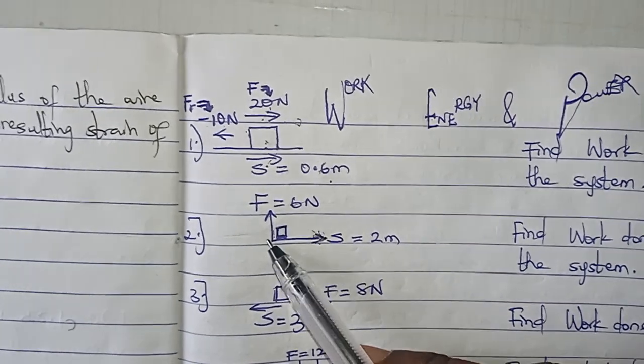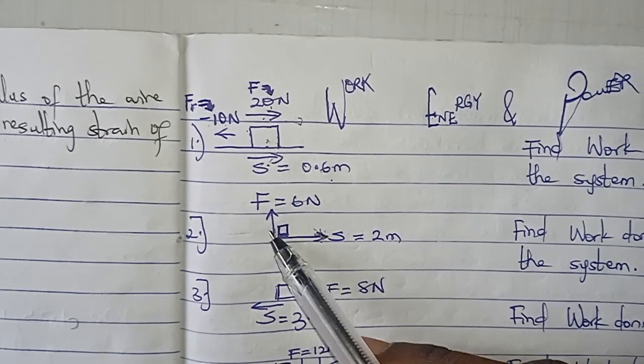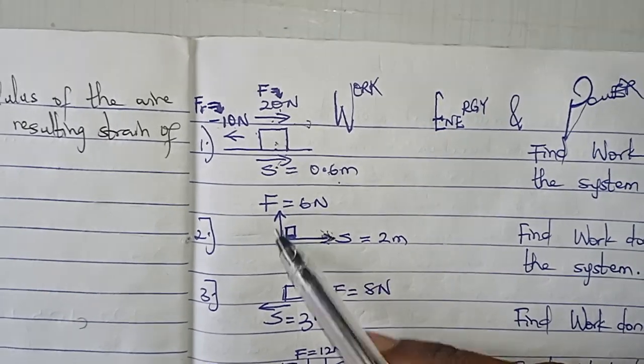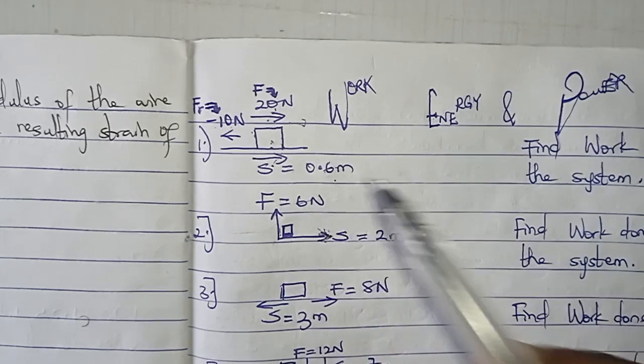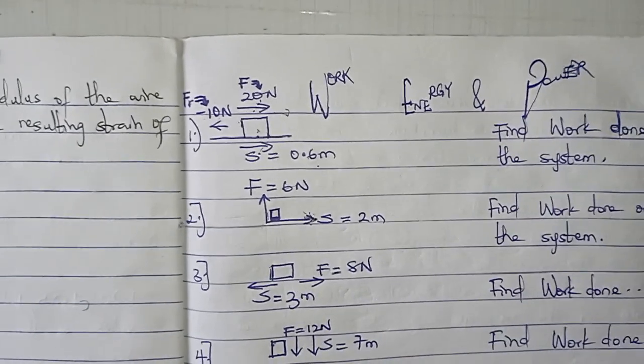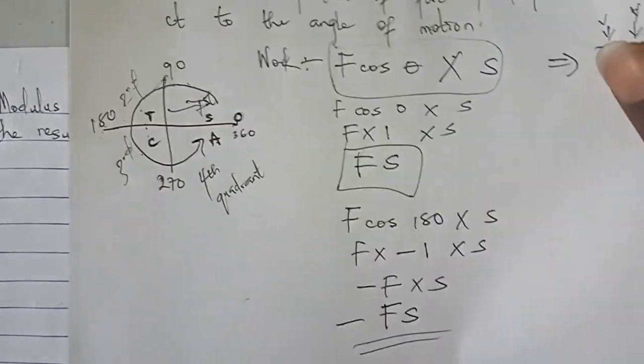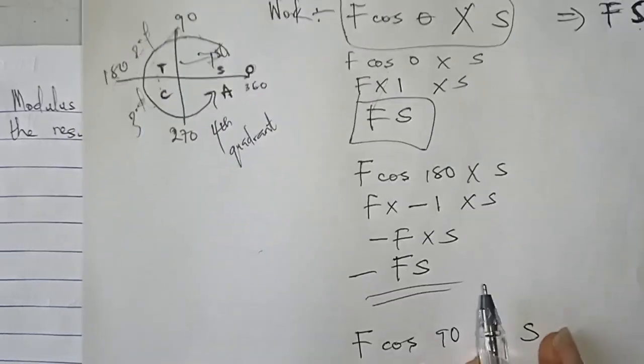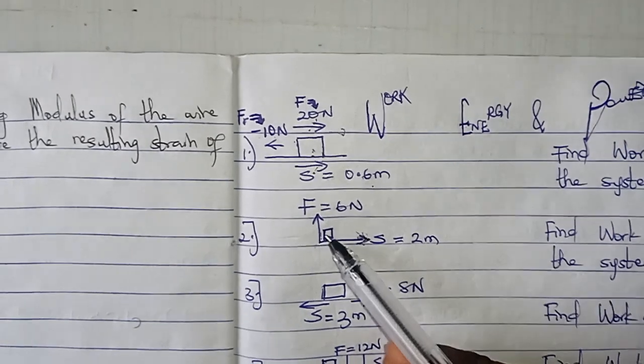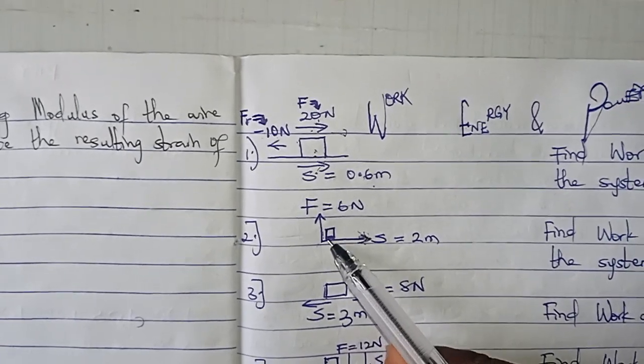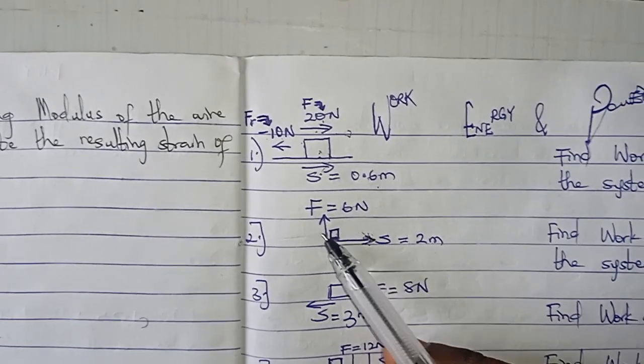You need to always think of work in what direction you are doing it. The force, the effort, is being put in this direction. So we are going to make use of this particular formula, because the angle between the two is 90 degrees.